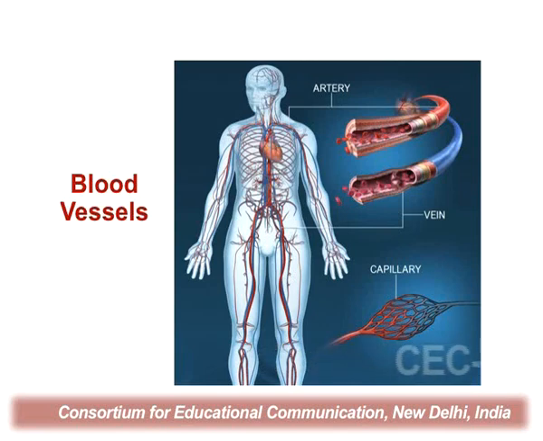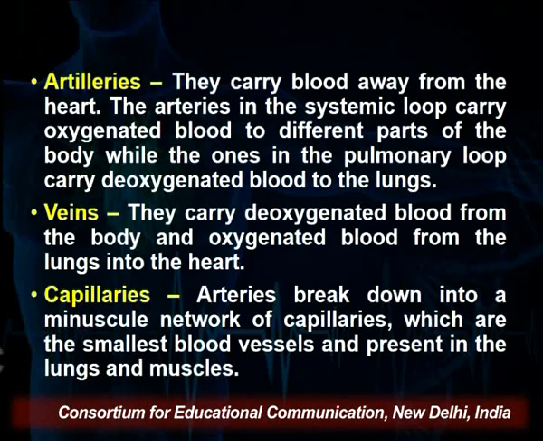Why is it so? Because arteries carry blood away from the heart. The arteries in the systemic loop carry oxygenated blood to different parts of the body, while the ones in the pulmonary loop carry deoxygenated blood to the lungs. Veins carry deoxygenated blood from the body and oxygenated blood from the lungs into the heart.